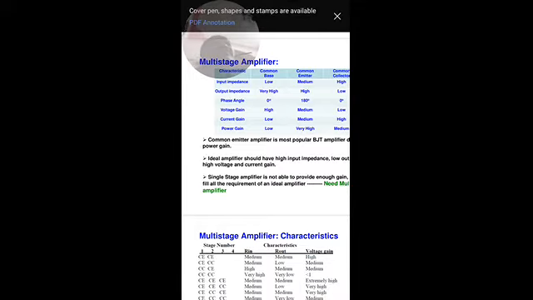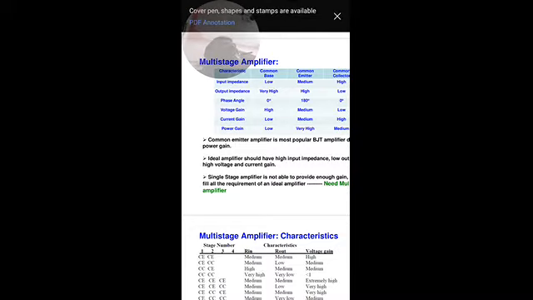But we don't have a high input impedance in CE, so that is possible with the CC. Low output impedance is with the CB. But an ideal amplifier should have high input impedance, low output impedance, and very high voltage gain and power gain.